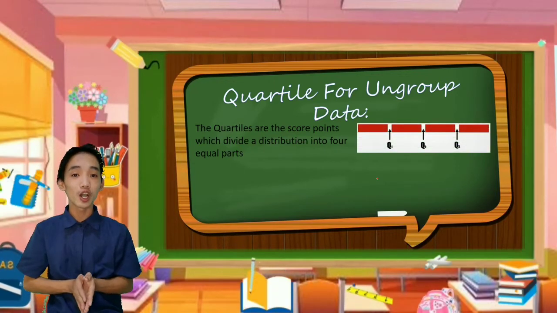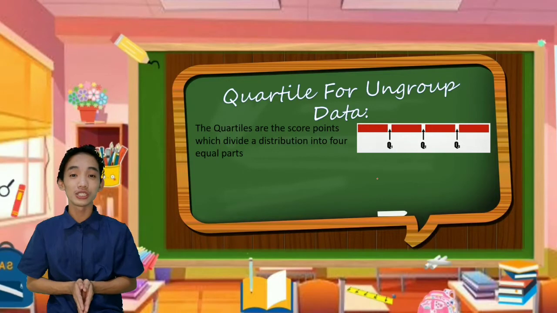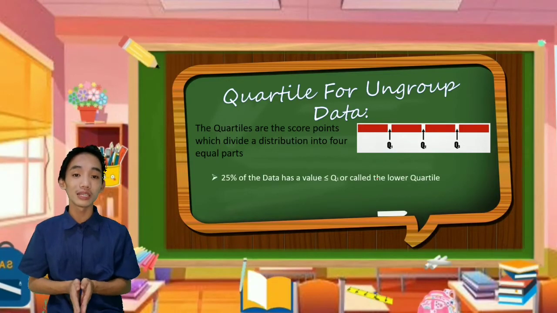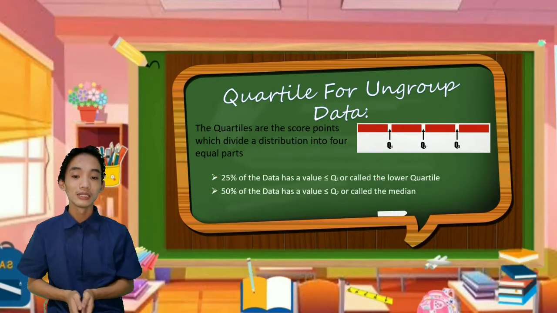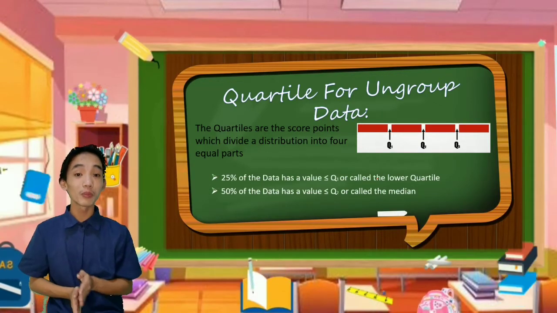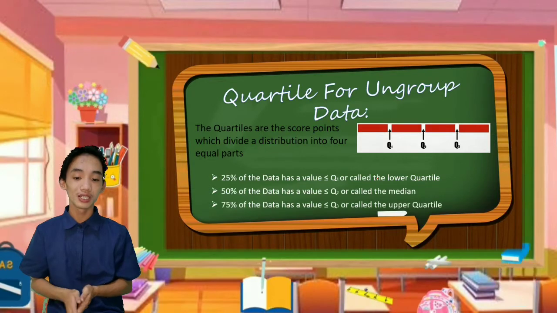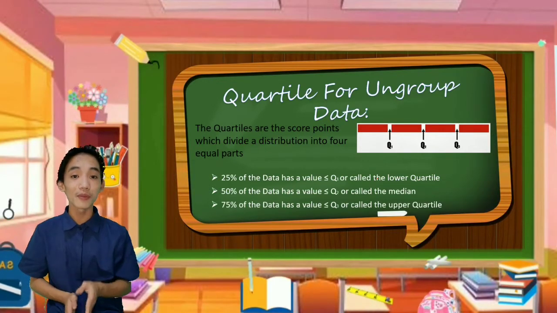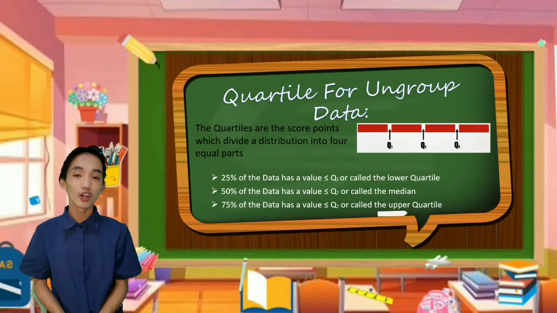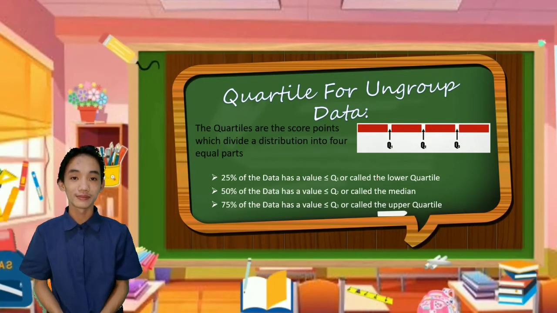Quartile 1, at 25% of the data, is called the lower quartile. Quartile 2, at 50% of the data, is called the median. And the last is quartile 3, at 75% of the data, called the upper quartile.